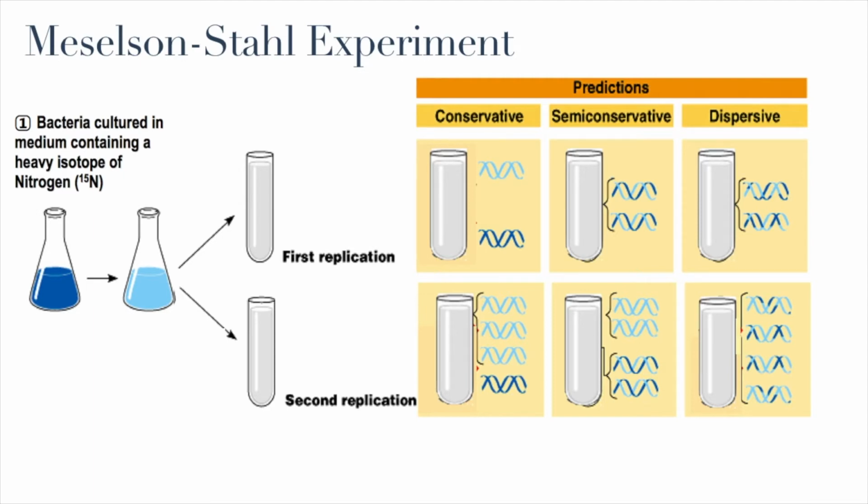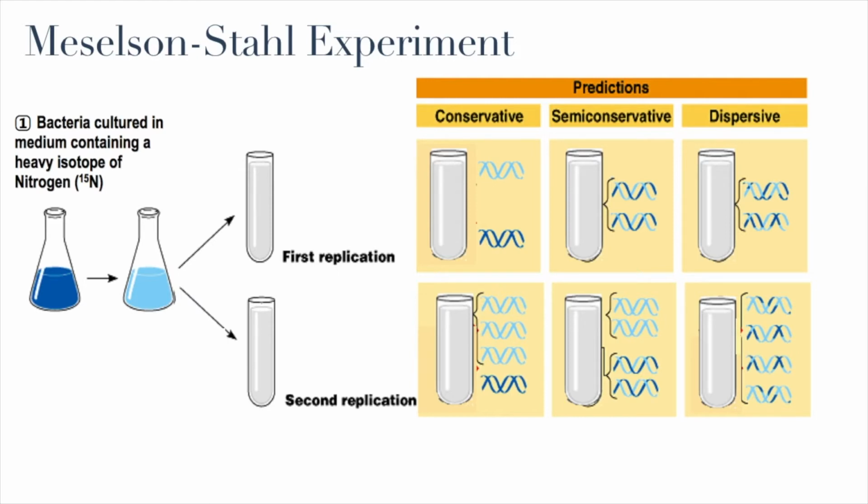And so by the end of a few cycles of growth, all the bacteria in this broth had DNA made up of heavy nitrogen. So it had heavy DNA because all the nitrogen in the DNA would be made up of this heavy isotope. That's the beginning of the setup of the experiment.